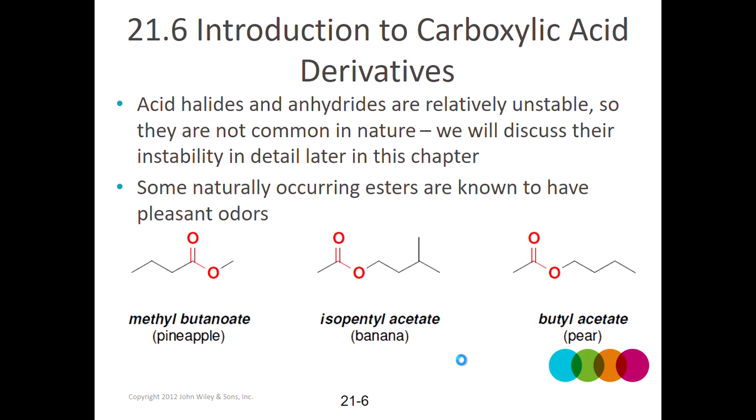So a lot of the esters, which we know are a functional group where there's the components of a carboxylic acid, but instead of a hydrogen here, there's an R group, and there's an R group or a hydrogen here. So with these two R groups here, that functional group is an ester.